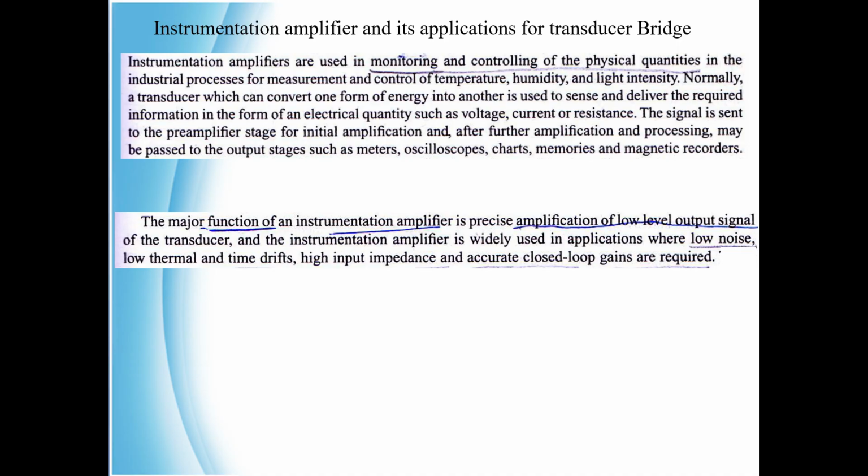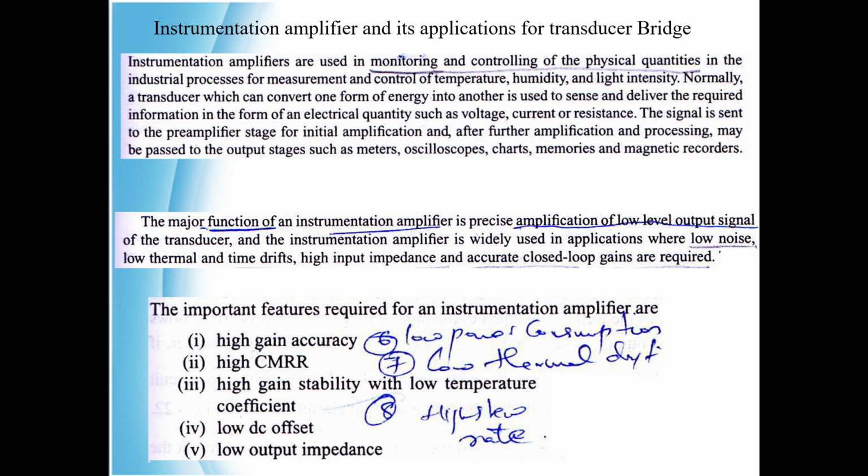The major function of an instrumentation amplifier is precise amplification of low level output signal of the transducer, and the instrumentation amplifier is widely used in applications where low noise, low thermal and time drifts, high input impedance and accurate closed loop gains are required.